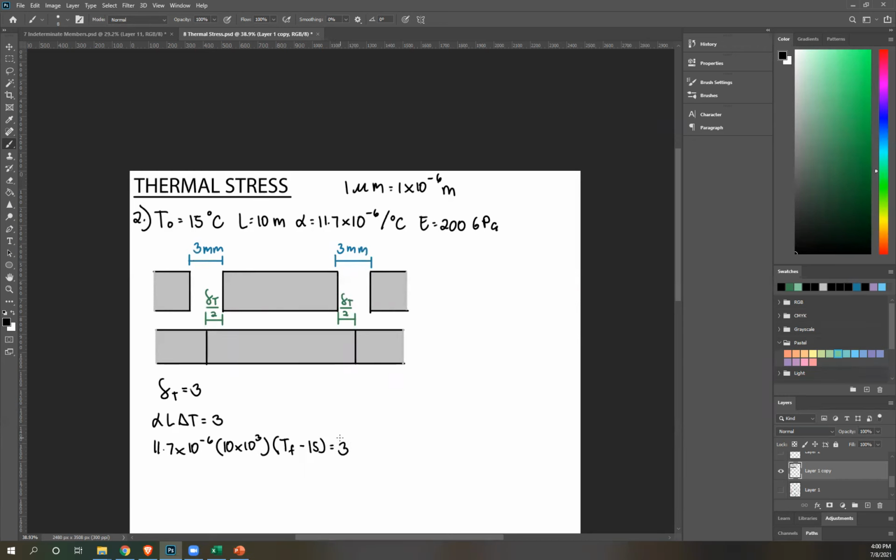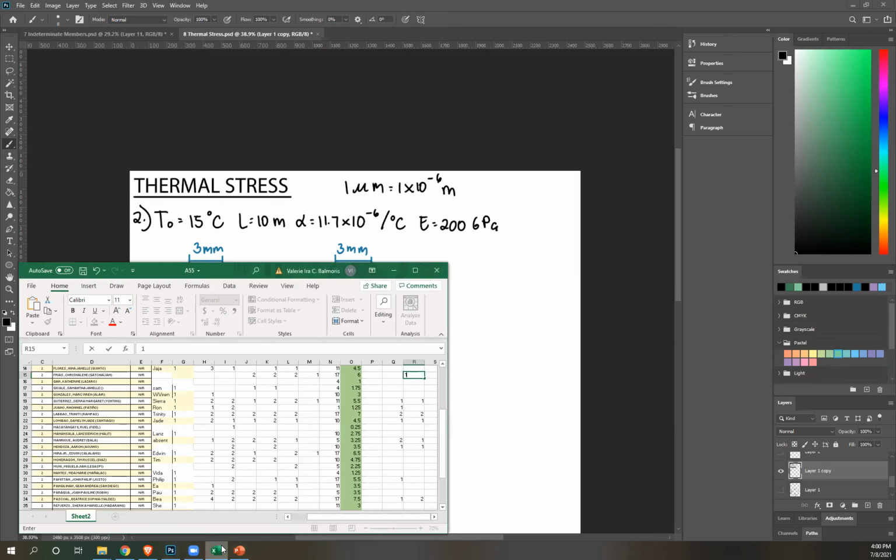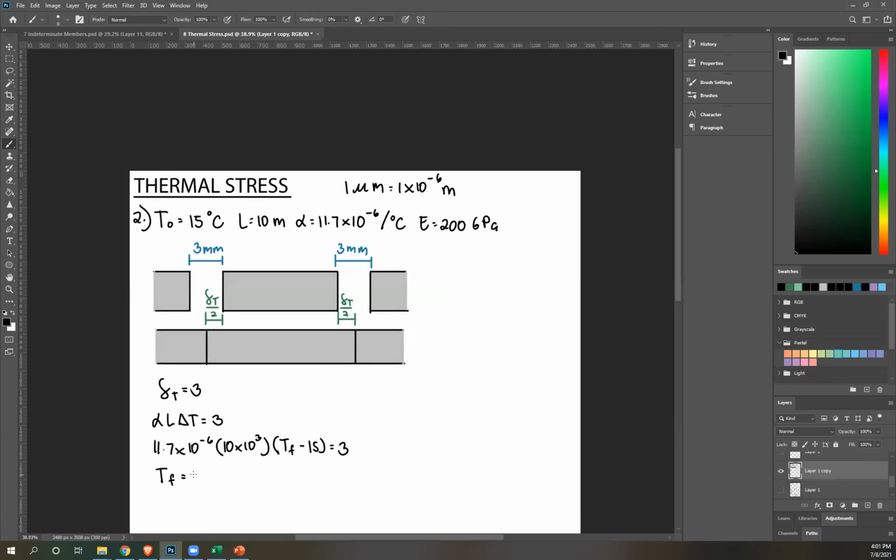From this, please solve for TF. Correct, Krishaline and John. Paragua and Frias. 40.64 degrees Celsius. Okay, so that's our first answer for part A.